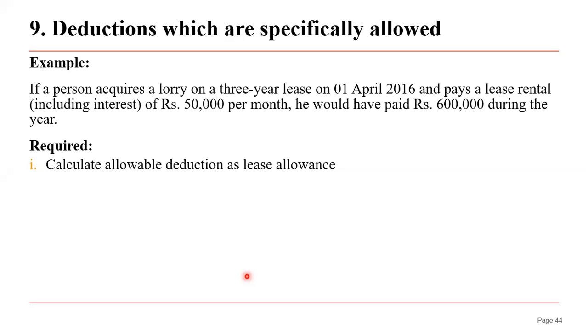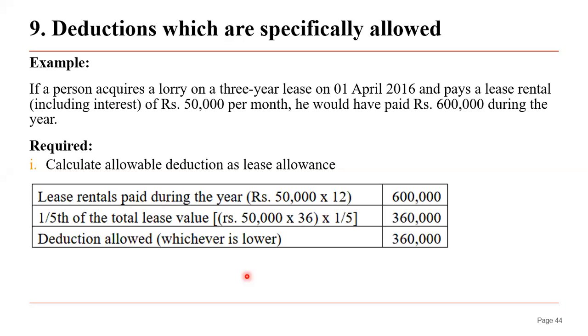He pays lease rental including interest of 50,000 per month, so he would have paid 600 during the year. Calculate the allowable deduction as lease allowances. How to calculate?